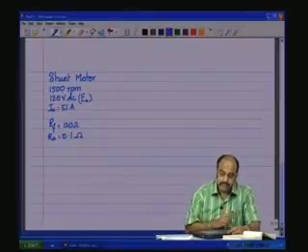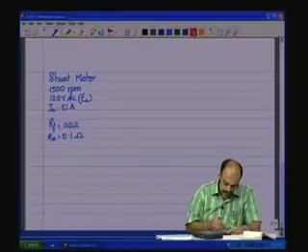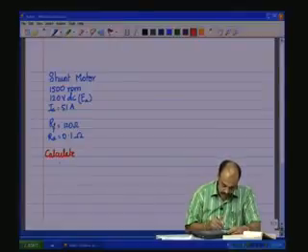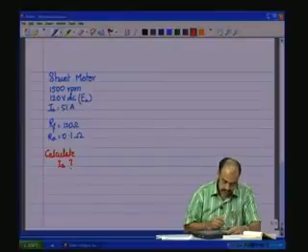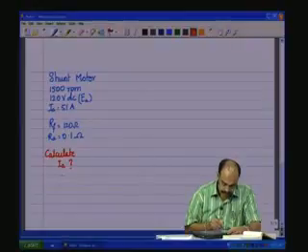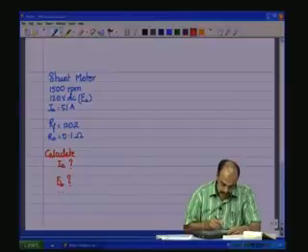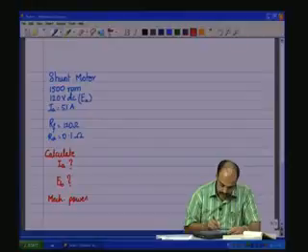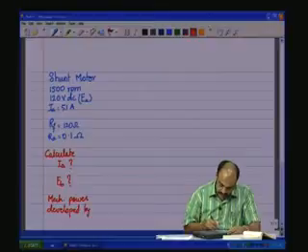Okay. Given this, let us calculate IA, let us calculate the EB, and let us calculate the mechanical power developed by the motor.